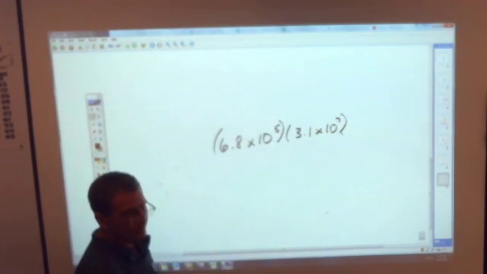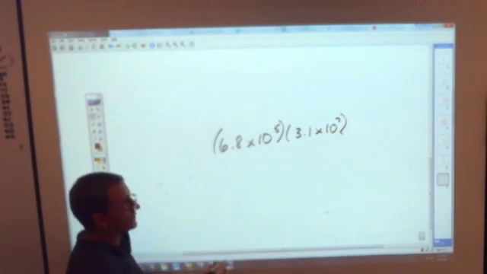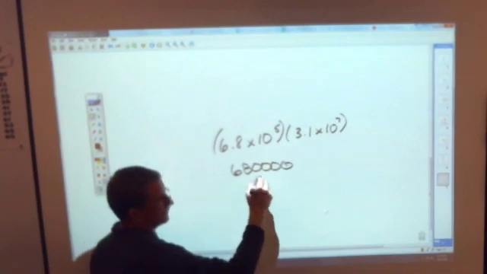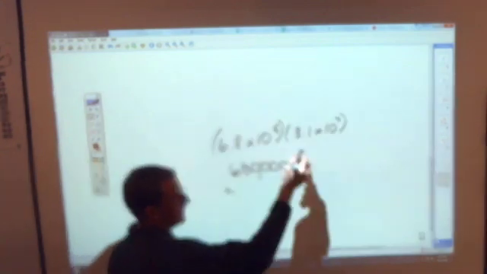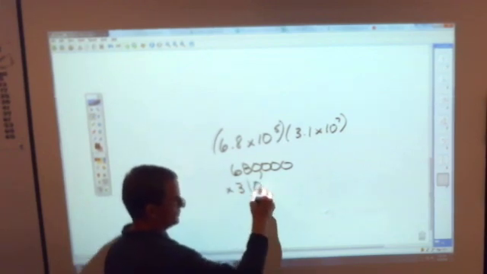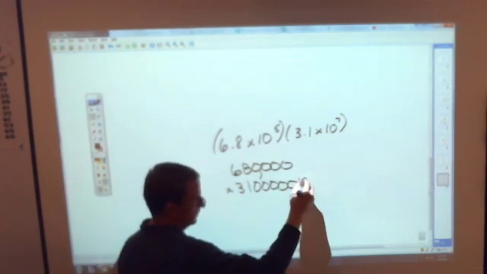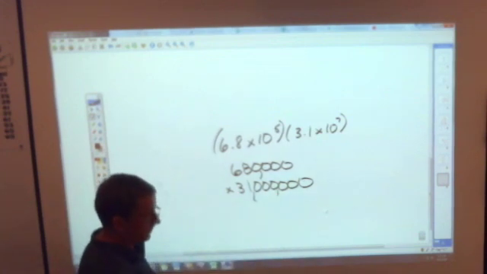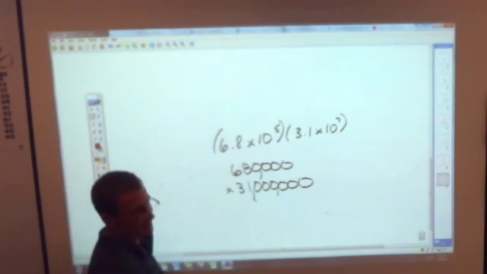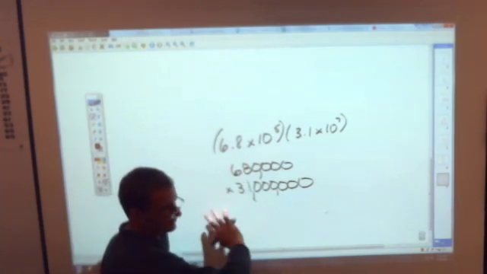If you really had to do this as a multiplication problem, this is what it would look like. 68 with 4 zeros, and you'd be multiplying that by 31 with 6 more zeros too. Which to you doesn't maybe look that bad, but once you start dealing with all these zeros, you start getting all sorts of crazy things happening. Just because if you're not an organized person, which I would say 75 to 80% of you are not, you are just going to get something wrong because you can't keep all those zeros straight.